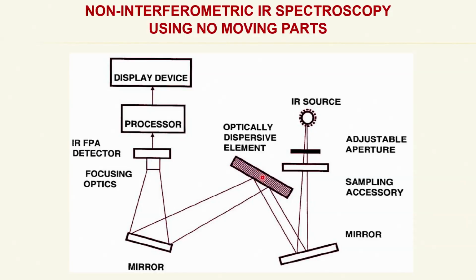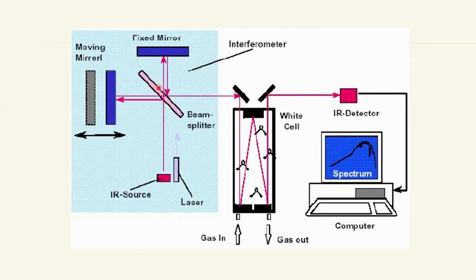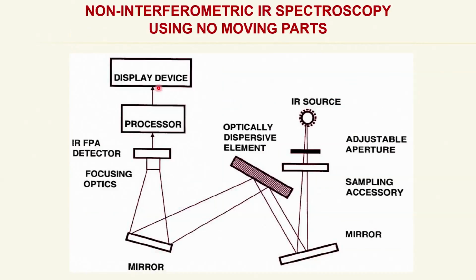This is non-FTIR. So, the grating is here and all the radiation from the grating is collected onto the mirror and focused, and then the IR FPA detector is here, and after the detector I have a processor and a display device, that is a monitor essentially. So, the previous one is FTIR and this one is normal IR.